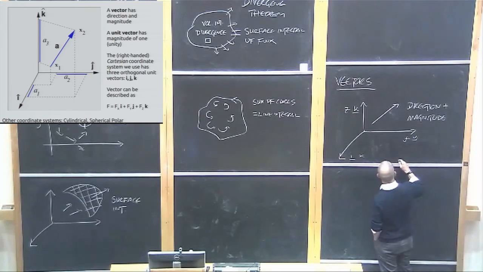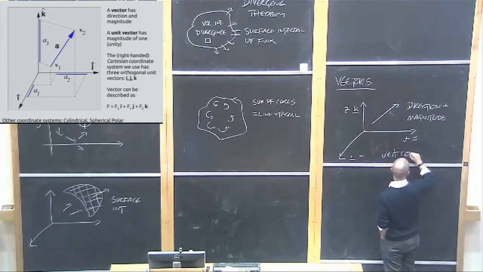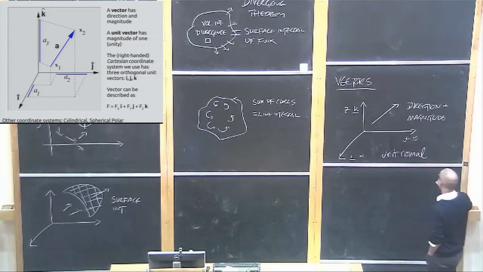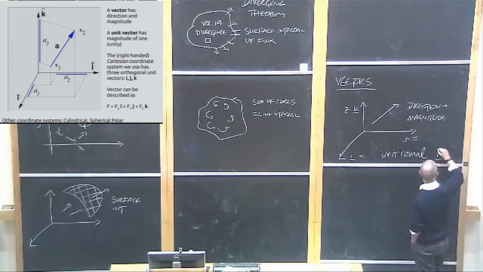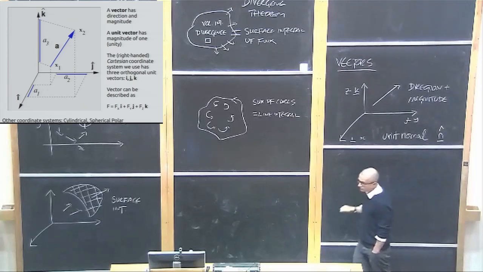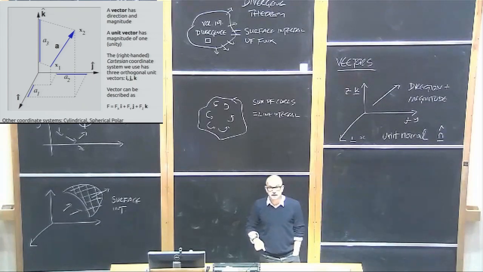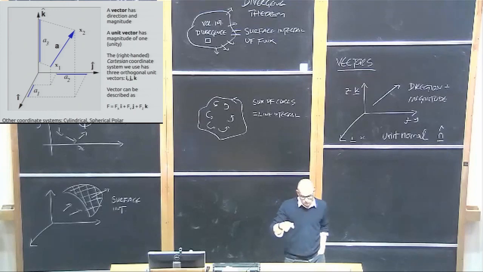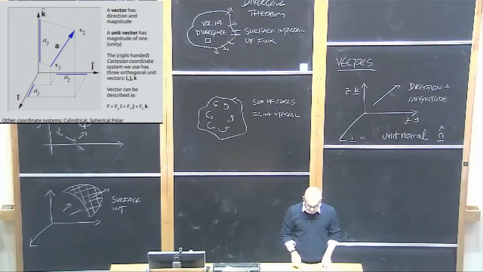So the unit vector, for example, the unit normal, which is something we'll see in a moment, that is the unit vector perpendicular to a plane, is illustrated like that. So that's a vector in the direction which is perpendicular to the plane with magnitude 1.